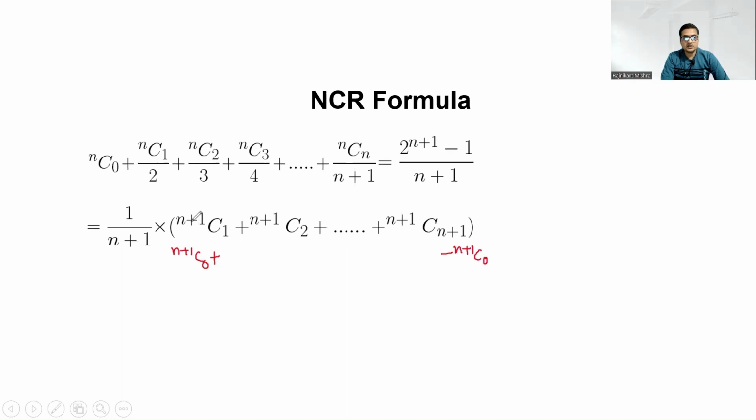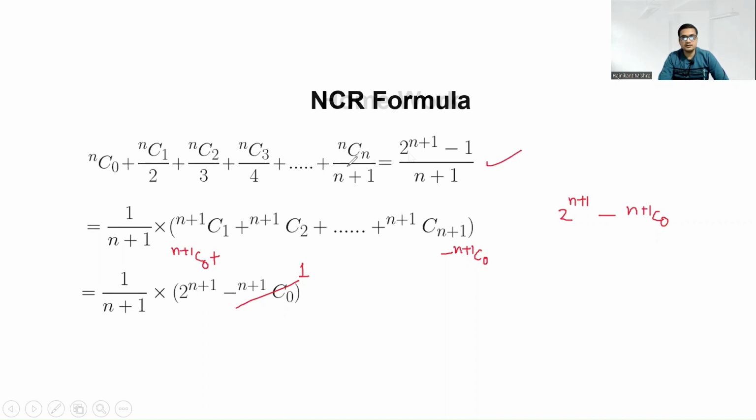This n plus 1 C0, n plus 1 C1, n plus 1 C2, and so on up to n plus 1 C n plus 1 can be written as 2 to power n plus 1 minus n plus 1 C0. You can check this formula in the last video. Now 1 upon n plus 1 into 2 to power n plus 1 minus n plus 1 C0. Now n plus 1 C0 is equal to 1. Now this is your right hand side, 2 to power n plus 1 minus 1 by n plus 1.